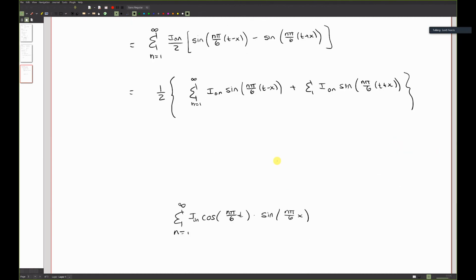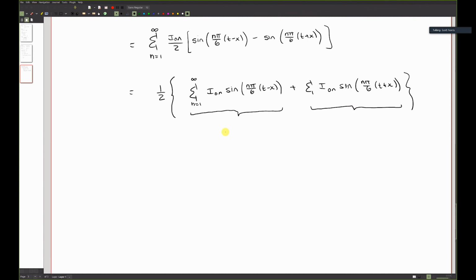And we see, oh, there it is. This whole thing right here is a function of, we might write it in the form x minus t, which is the more conventional form. It's just negative t minus x. Whereas this thing here is a function of x plus t.